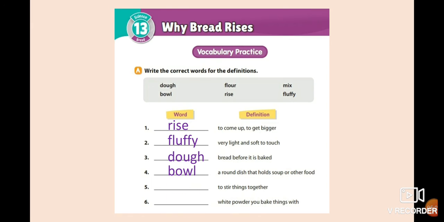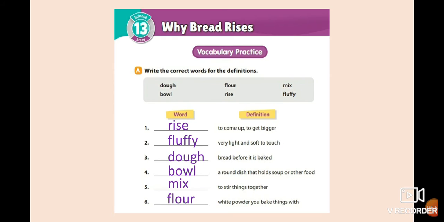In that case it is bowl. That means a container. Number 5, to stir things together. This one is mix. And the last one, white powder you bake things with. That means flour.